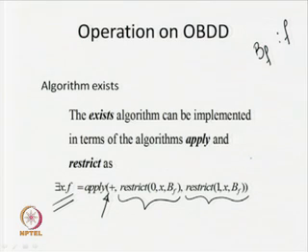Now, you just see that we are using restrict x to be 1 and restrict x to be 0. So, if I have an ROBDD B f, after restricting I am going to get one OBDD. And second, this restrict operation will give me another OBDD.